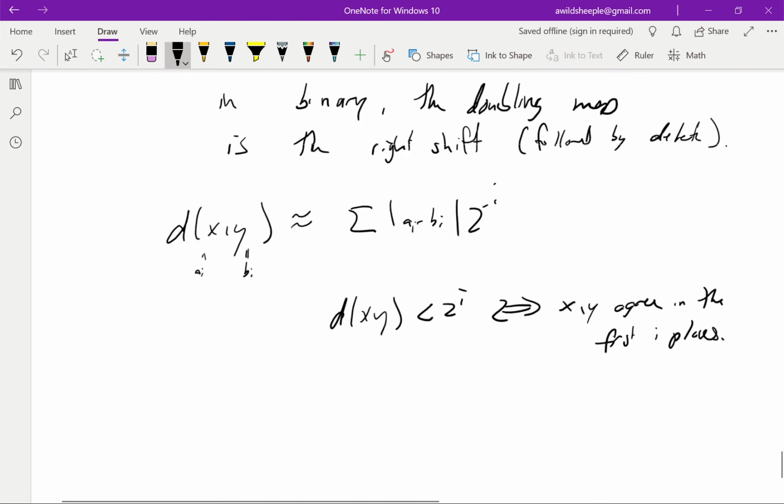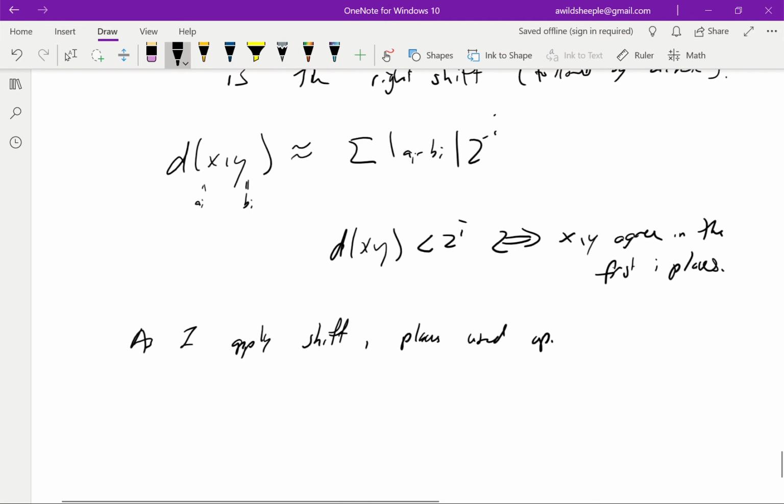But the shift map, as I apply it over and over again, I'm going to run out of places. These places are used up, and whether or not they agree after that is who knows. Maybe they do, maybe they don't. Some points do, some points don't. As I chew through my indices, eventually I run out of places where they're guaranteed to agree, and so now anything can happen.